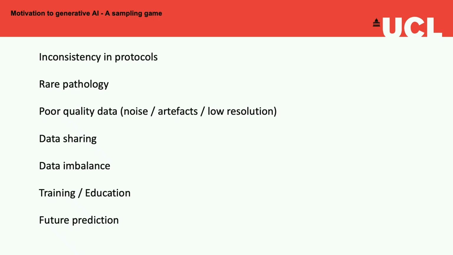And when you think of different types of applications, commonly in medical imaging, you can think clinically of the inconsistency between protocols. Just if you look at the hospital here, if you look at all the different protocols, every single clinician may have different MRI protocols they may want to apply to certain individuals.